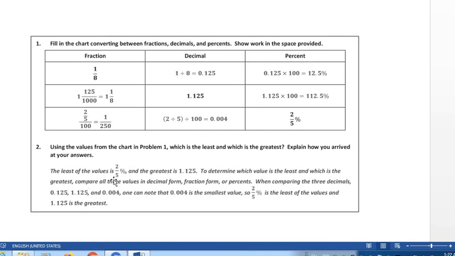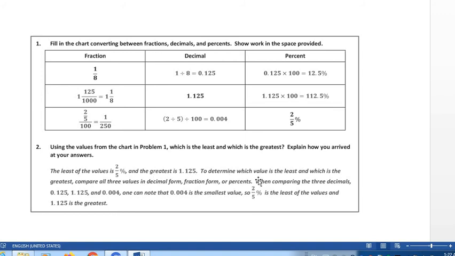Using the values from the chart in problem 1, which is the least and which is the greatest? Explain how you arrived at your answers. The least of the values is 2/5%, and 1.125 is the greatest.